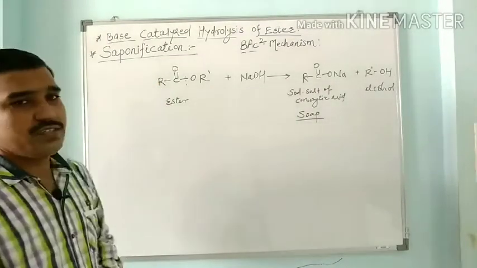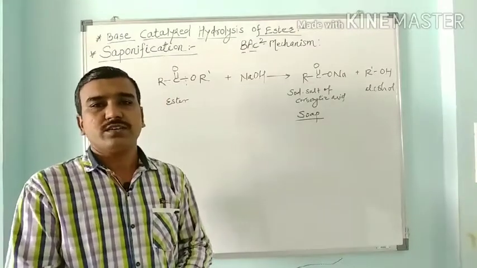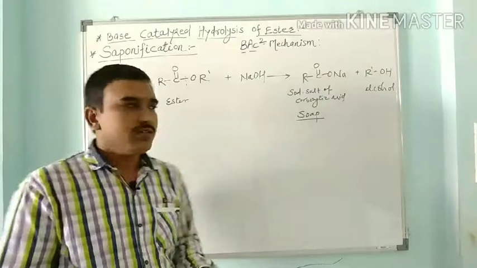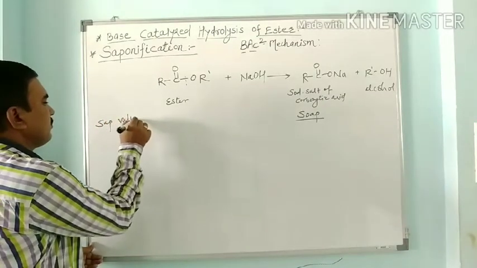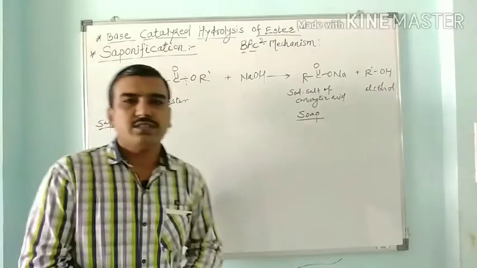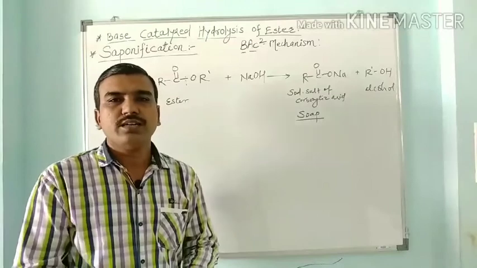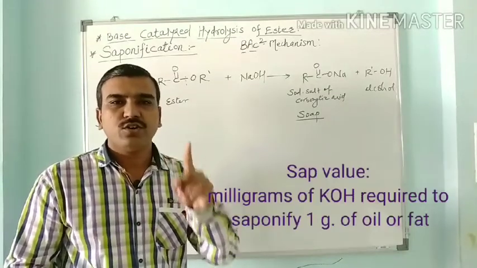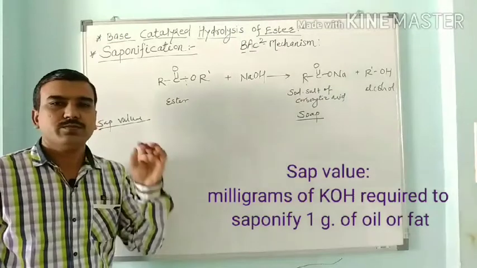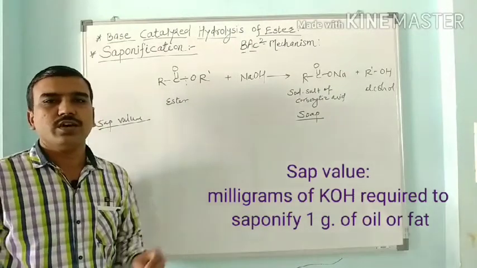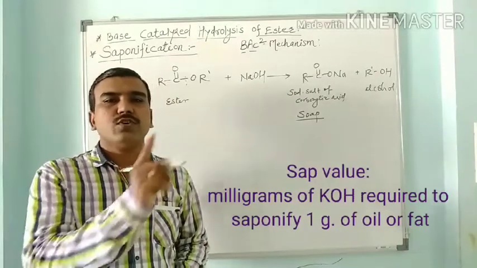In this saponification we can have different sap values for different esters or fats. What is sap value? Sap value is nothing but milligrams of KOH required to saponify 1 gram of fat or 1 gram of oil.